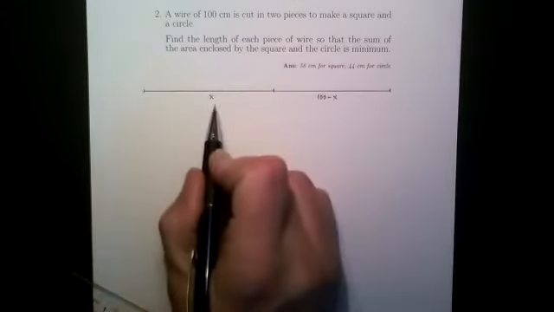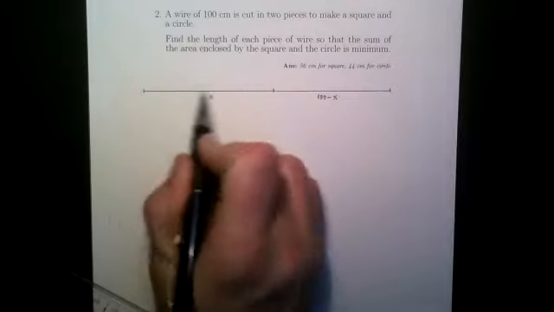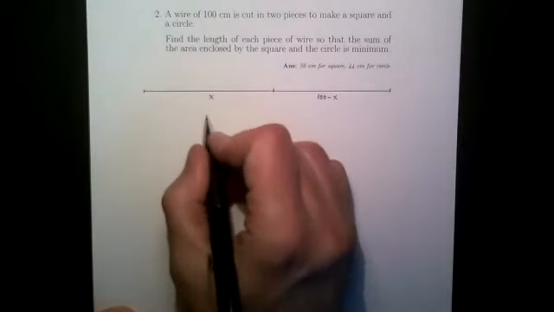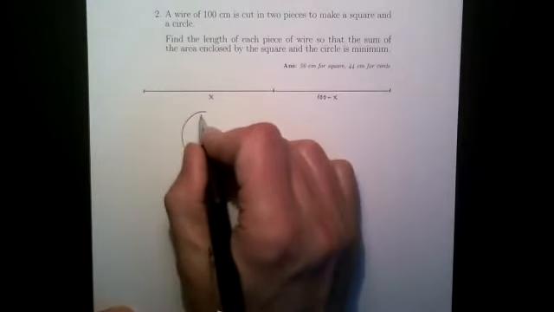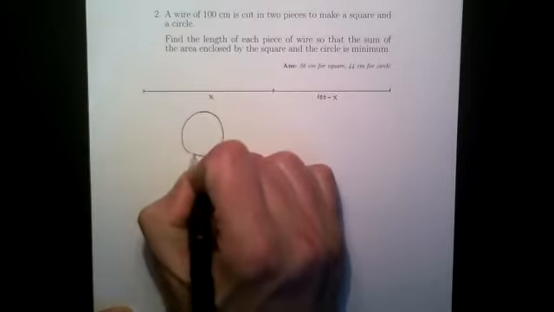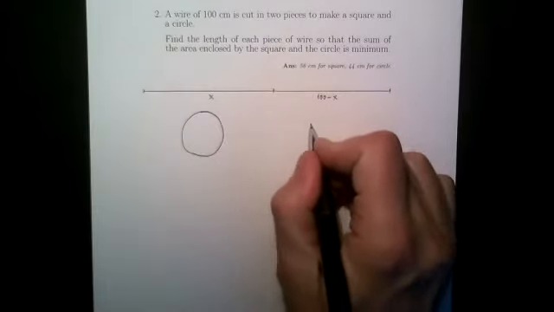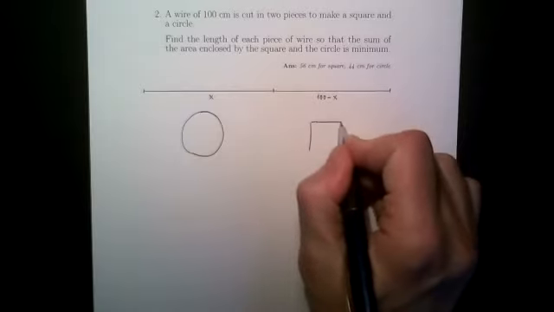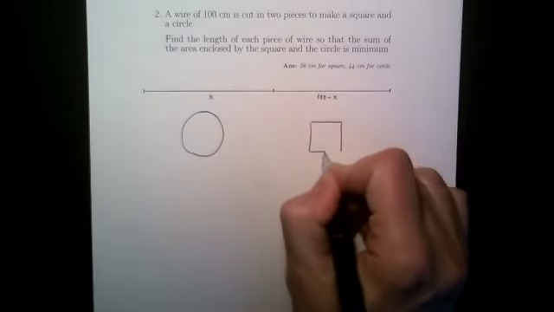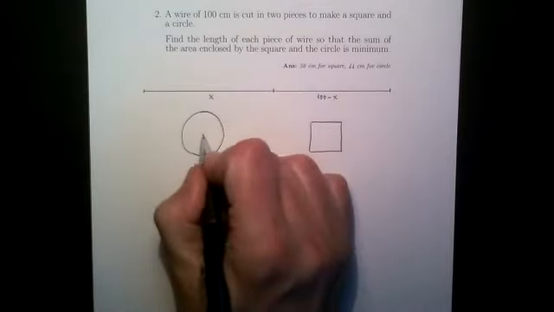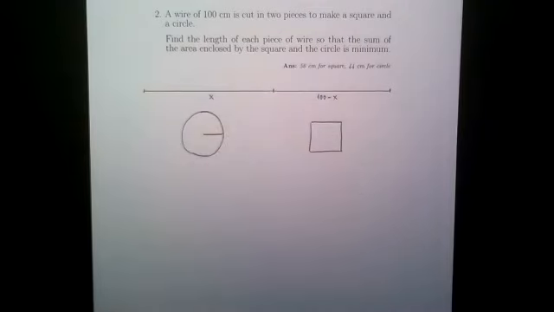I'm going to use this x to bend the string into a circle. I'm going to use this 100 minus x to bend this string into a square. That's what I have.